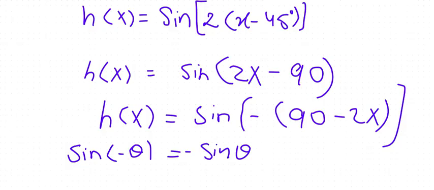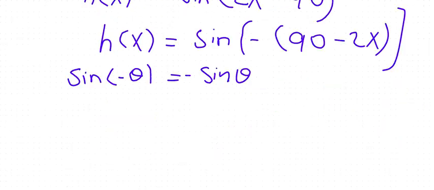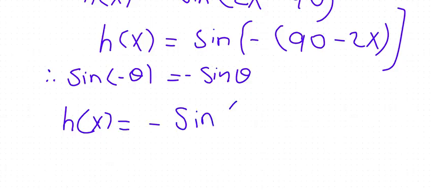We have h of x equals to minus sine 90 minus 2x. Okay, so as you know, use the co-function identity.